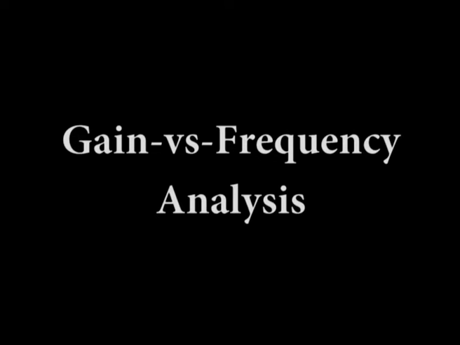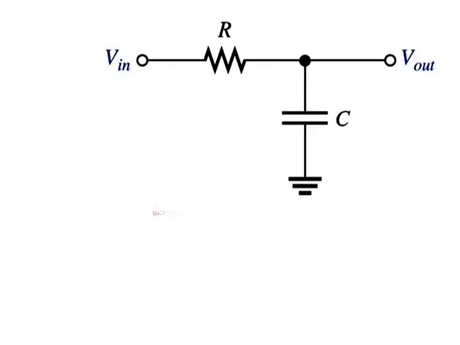Gain versus frequency analysis. The RC lag or low pass circuits within an op-amp are responsible for the roll off in gain as the frequency increases. From basic AC circuit theory, the attenuation of an RC low pass circuit, such as shown in the figure, is expressed as Vout/Vin = Xc / √(R² + Xc²).